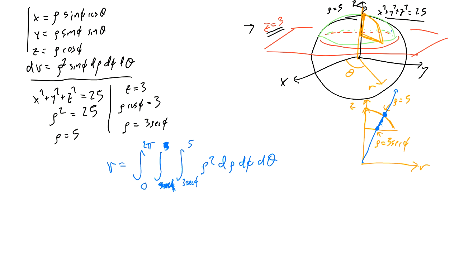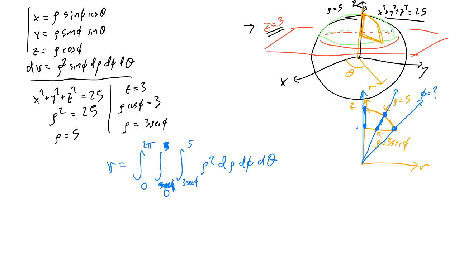Phi equals 0 is pointing straight up, and I do get part of the region there. So phi starts off at 0, and the biggest value of phi is going to be when the sphere and the plane cross.